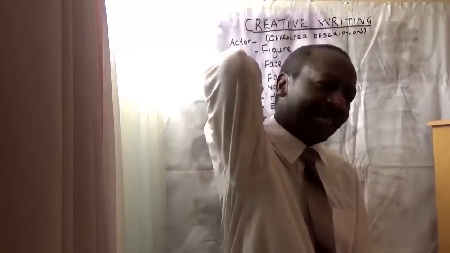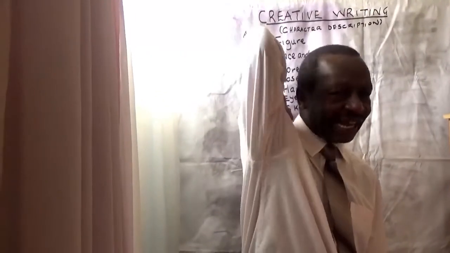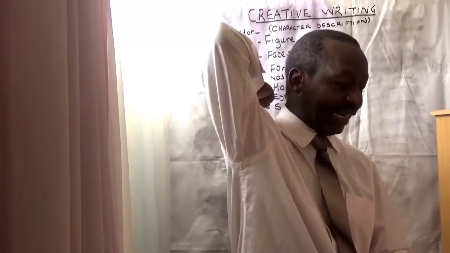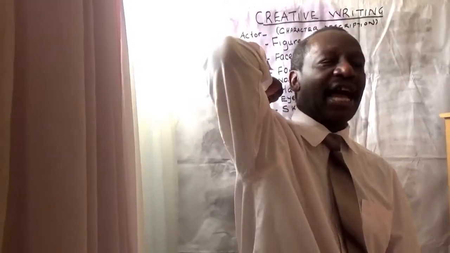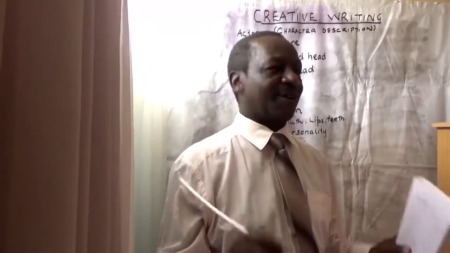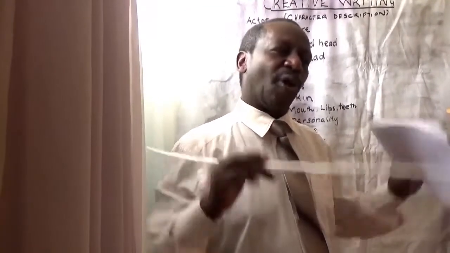A gnawed paper bag in his right hand. And what about his back? A dirty sack, which is hung on his shoulders. I think this one brings clarity that this is how we should describe a character, and once you do that, you'll have no problem in writing enough words as stipulated in our examinations.